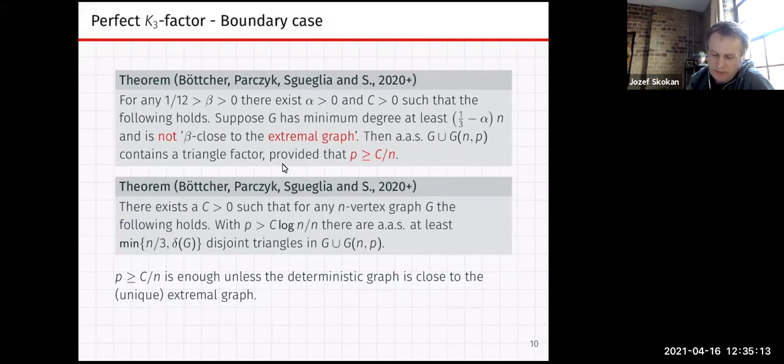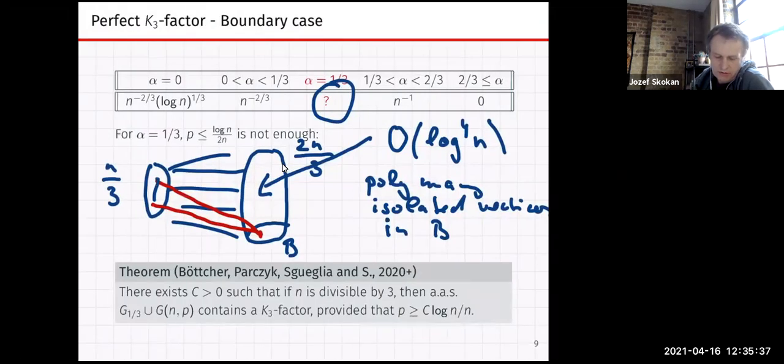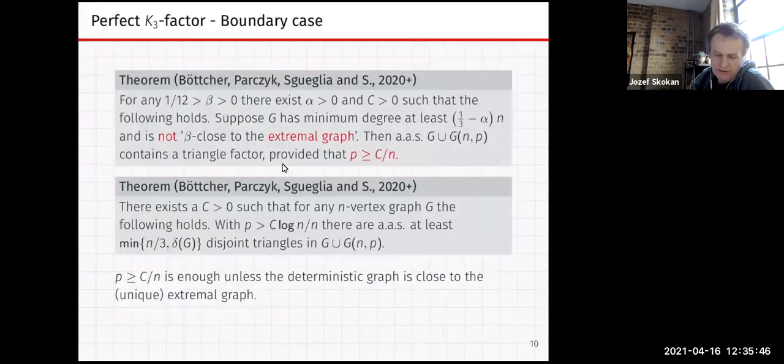So this first theorem tells you that if you take a graph G which has minimum degree even a little bit below 1/3 times n, but which is not close in edit distance to the extremal graph, in other words, not close to the graph that I described over here, the complete bipartite graph with sizes n/3 and 2n/3, then actually what you need is only a linear number of random edges.